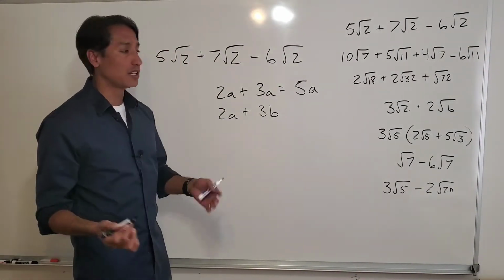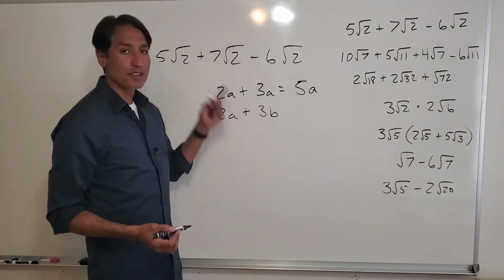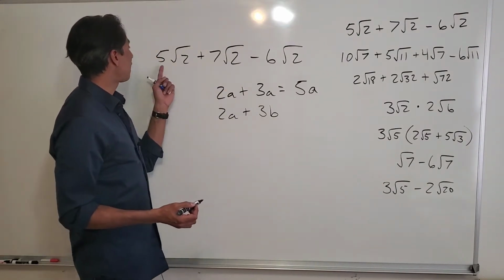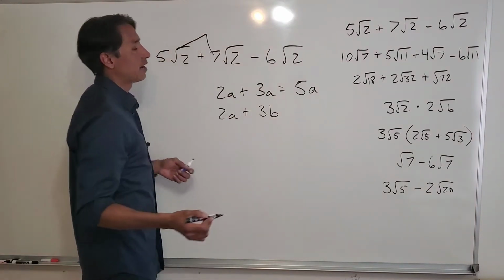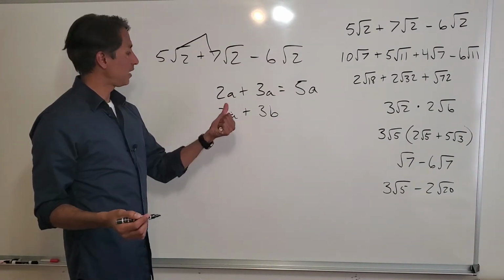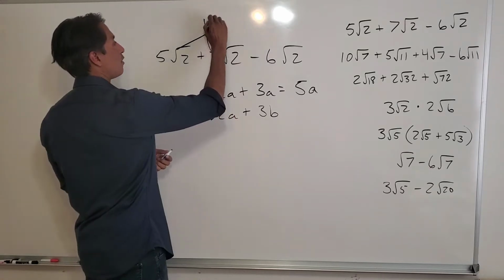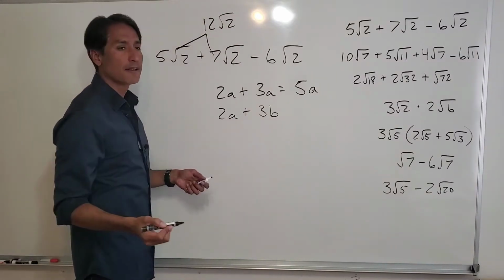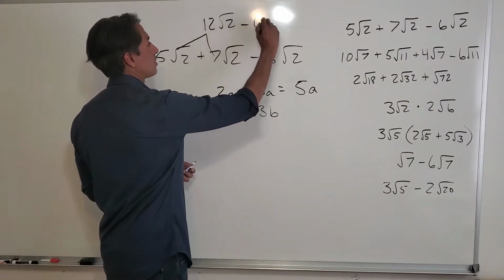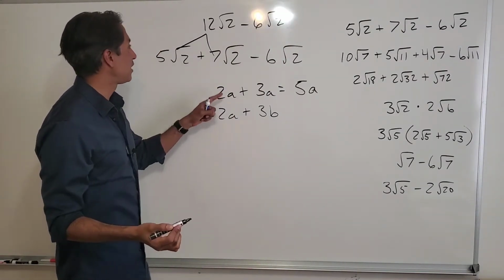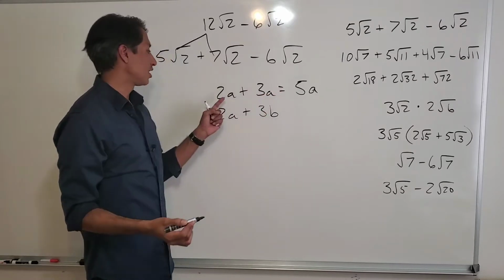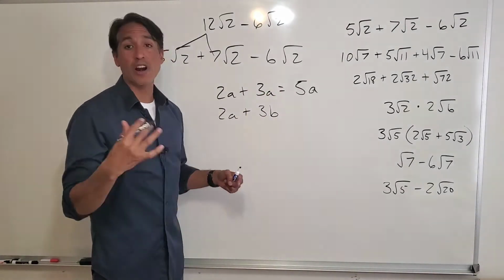And that's what we're going to do. We're going to just combine all the like terms. So I have 5 root 2 plus 7 root 2 is, I'll just do it right here. 7 plus 5 is 7, 8, 9, 10, 11, 12 square root 2. And then I have minus 6 square root 2. And again, we're looking at the problem as if those square root 2's were just like a's or b's or x's.